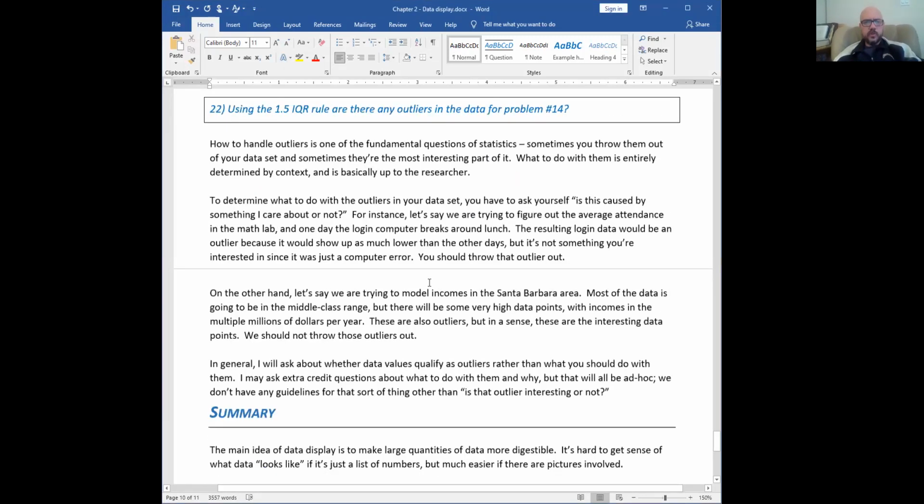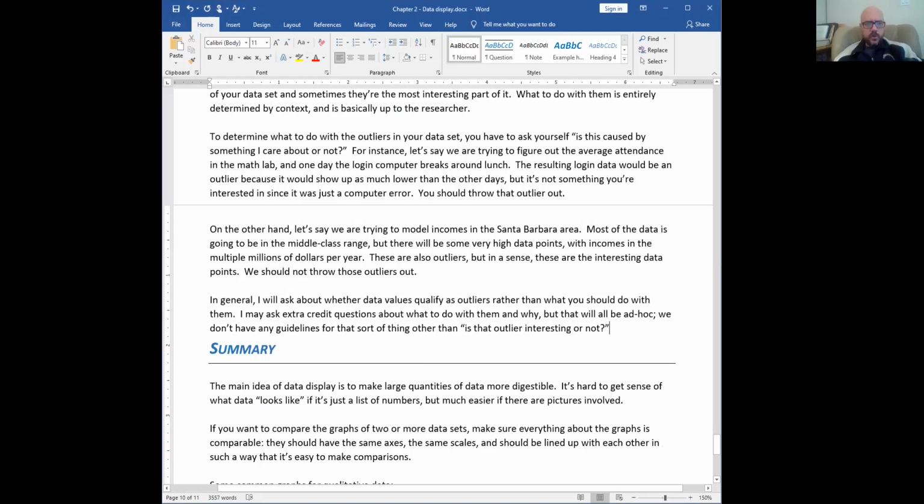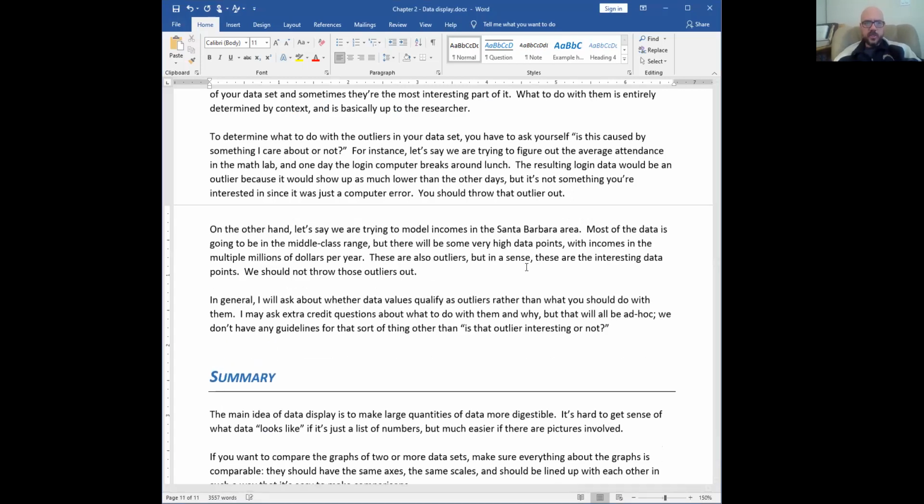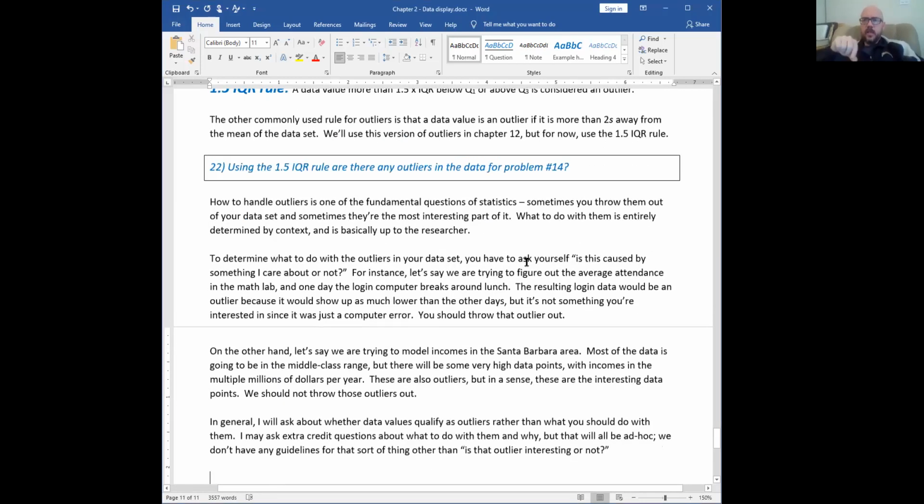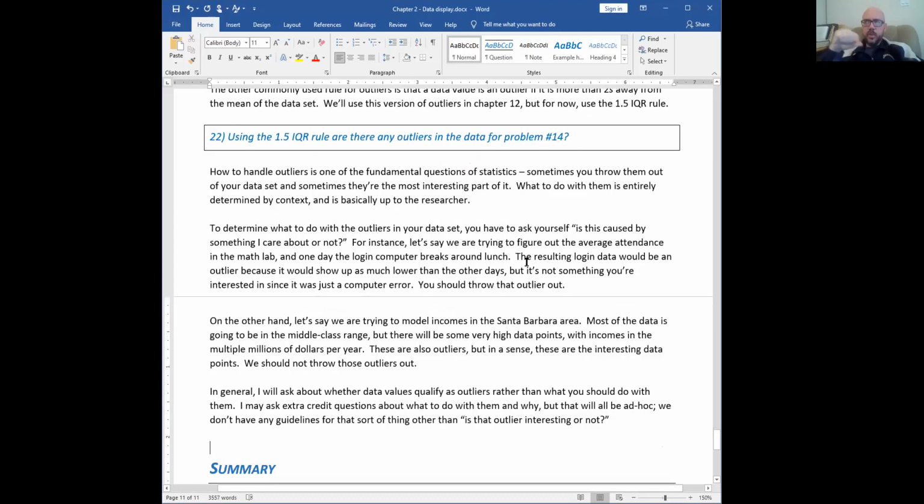Okay, there is one more thing that I want to say about outliers, and it's really important if you're actually doing statistical research. Outliers fall into one of two categories. One category is a measurement error.